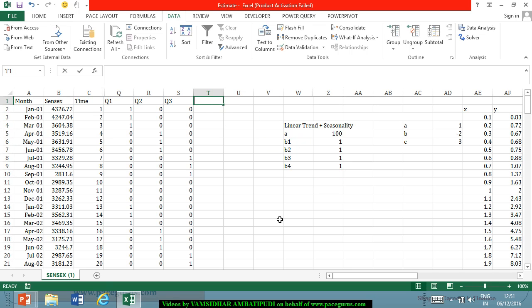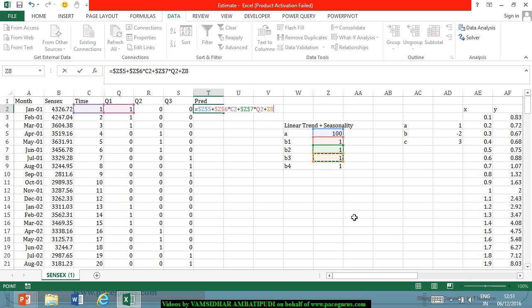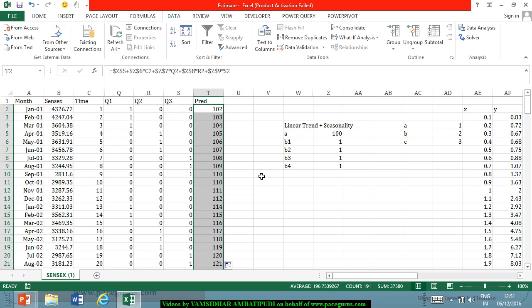Based on that, I'll have a predicted value which comes out as A plus B1 times the time factor plus B2 times Q1 plus B3 times Q2 plus B4 times Q3. So this is what is the predicted values across.